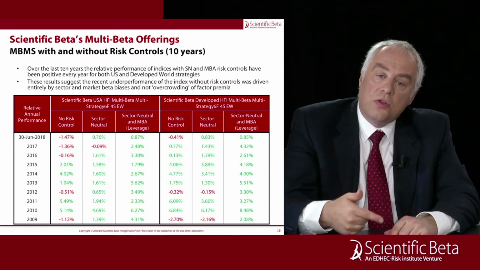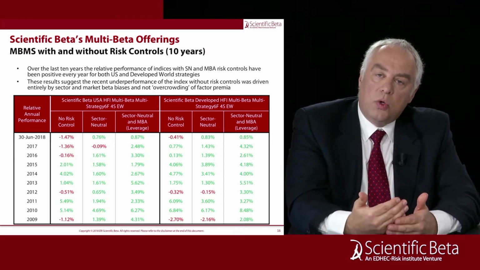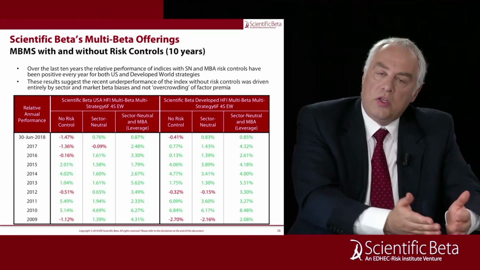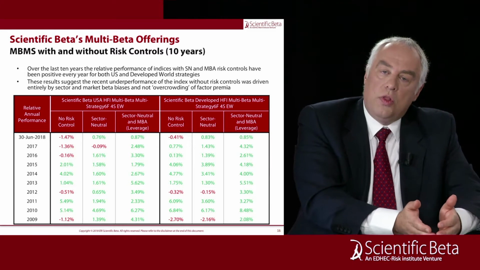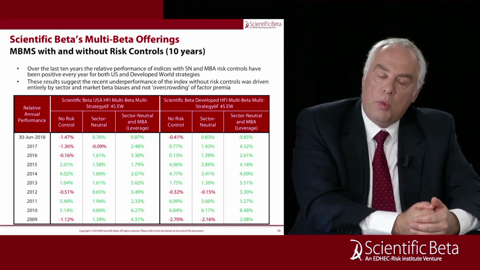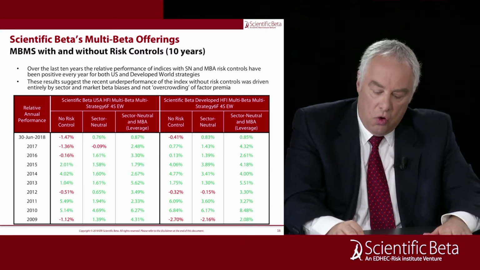So investors need to think really carefully about what it is they're trying to achieve. Relative performance relative to the market, or they're looking to replace a cap-weighted index with lower risk, in which case you will get some underperformance in the short term when the market is very, very strong.